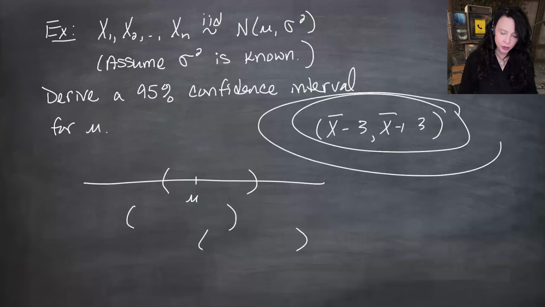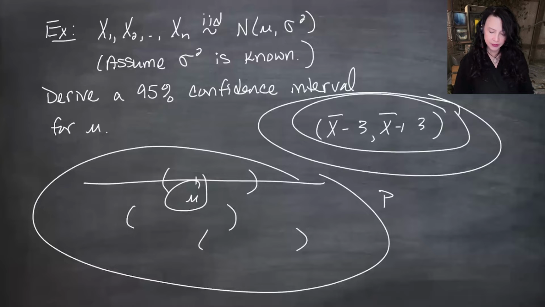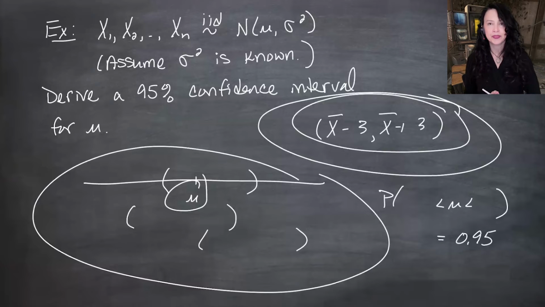And so here, where there's still randomness, we can talk about the probability of correctly capturing that true mean. So that's what we want to do. We want to come up with an interval with random endpoints such that the probability that the mean is between these two things is 0.95 in this case. Let's try it for this normal example.